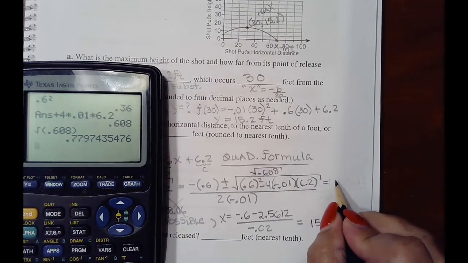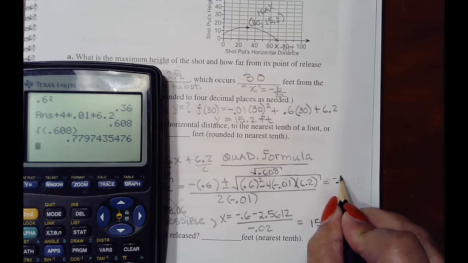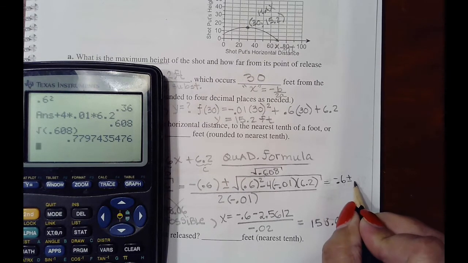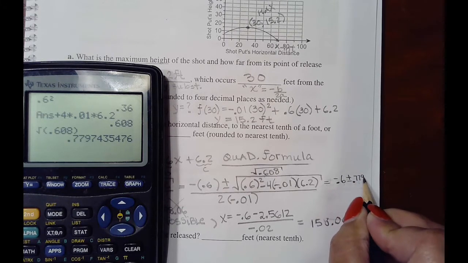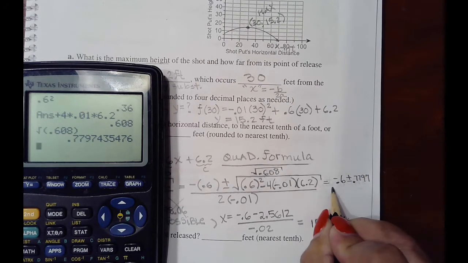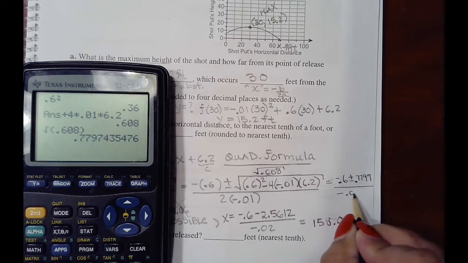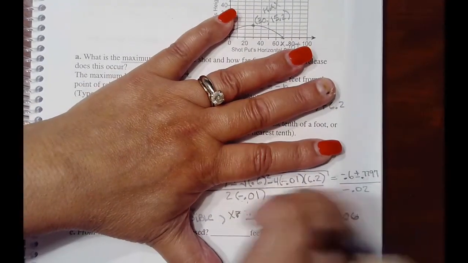So this is negative 0.6 plus or minus 0.7797, and then we're going to be dividing by negative 0.02. Okay, so let me fix this.